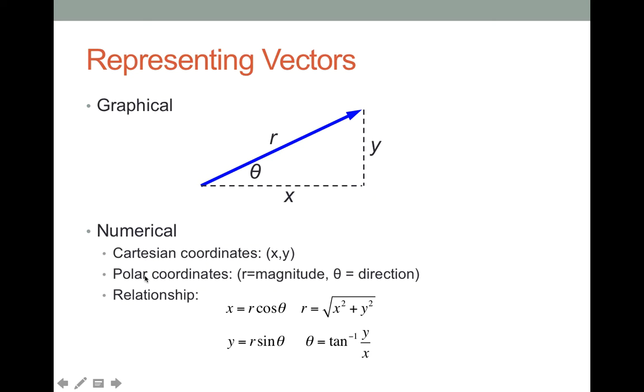Or we can give essentially the polar coordinates, which is the length of the vector and this angle. And we can tie those two together by using some trig and some Pythagoras, the connection between the polar representation and the Cartesian representation. Hopefully, that is all review.